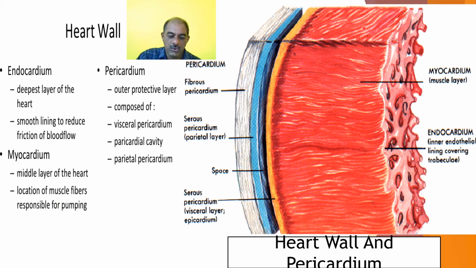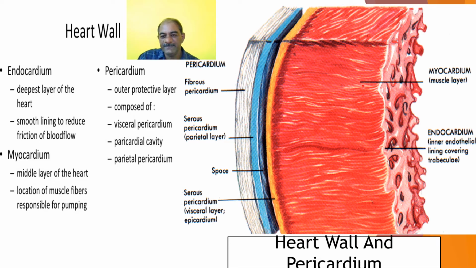Then the middle layer is called myocardium. It is made up of cardiac muscles. This muscular layer is responsible for contraction and relaxation of the heart, also called systole and diastole of heart. Then endocardium: inside, an inner endothelial lining is present covering the trabeculae.